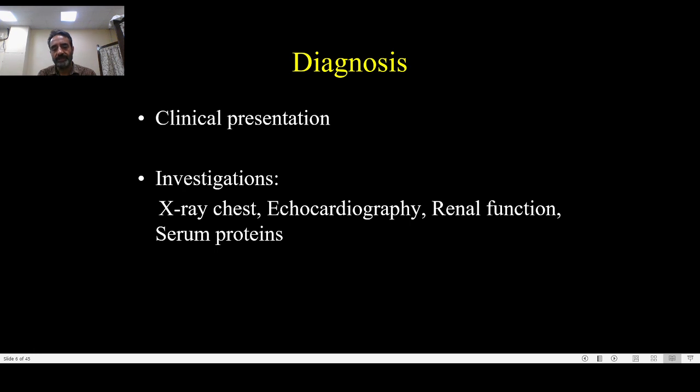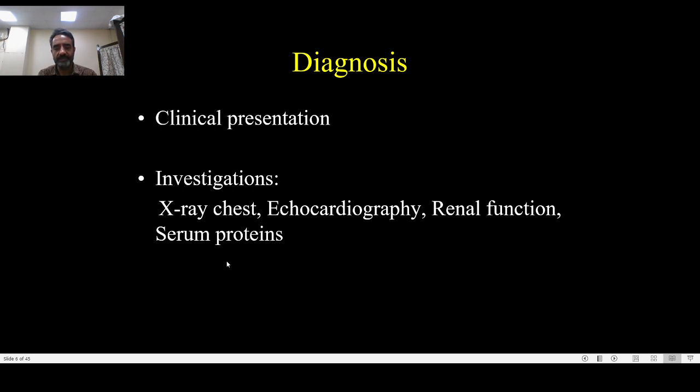Also, the heart size can be judged, as well as the chamber size, the size of the ventricles, that can be ventricular cavity, that can be assessed from echocardiography. Renal function is done to rule out whether there is any problem with the kidney, because that can also lead to edema.